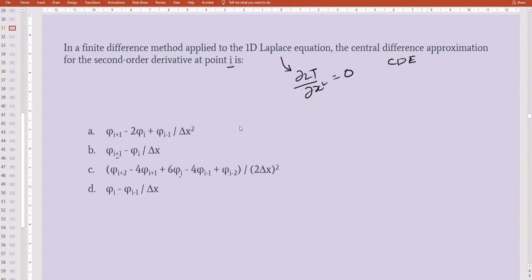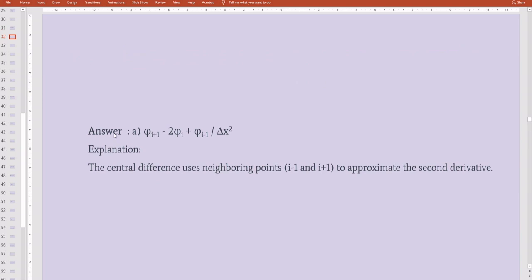From the previous lectures, we have seen that it is option A, phi i plus 1 minus 2 phi i plus phi i minus 1 all by delta x square. We have 3 points: i plus 1, i, and i minus 1.